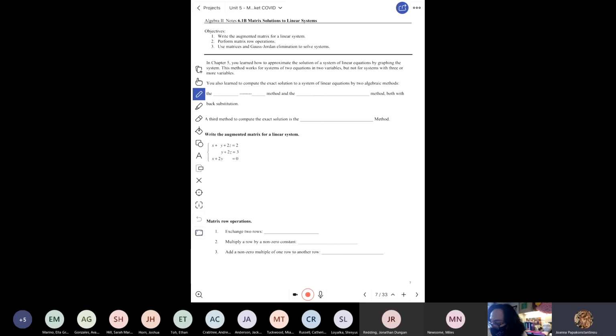We also learned that some systems have no solutions. So we can compute the exact solution to a system by using what methods? Do we remember? Substitution. And elimination.